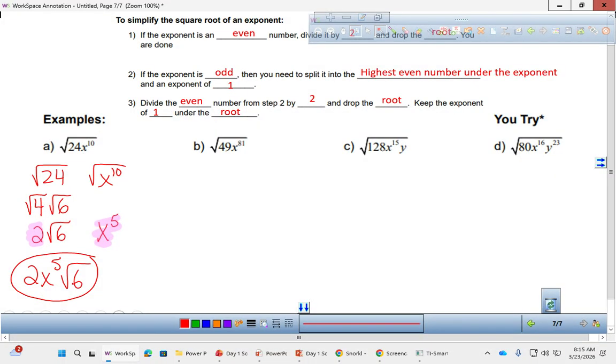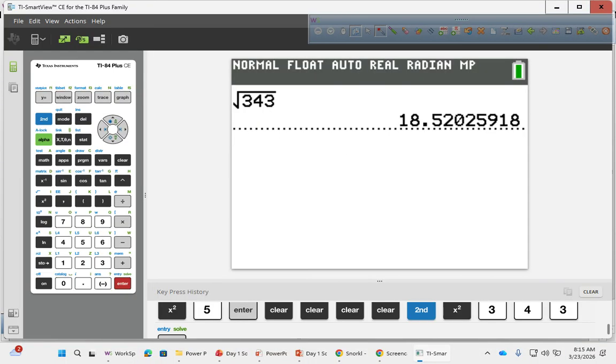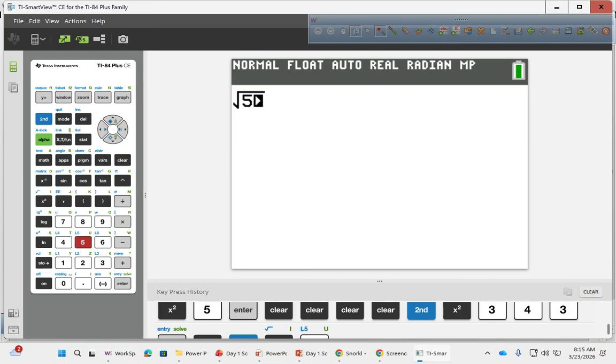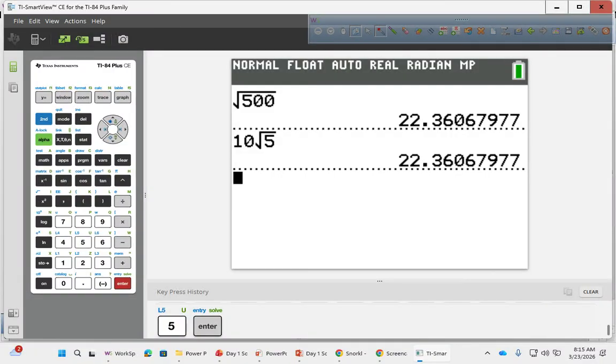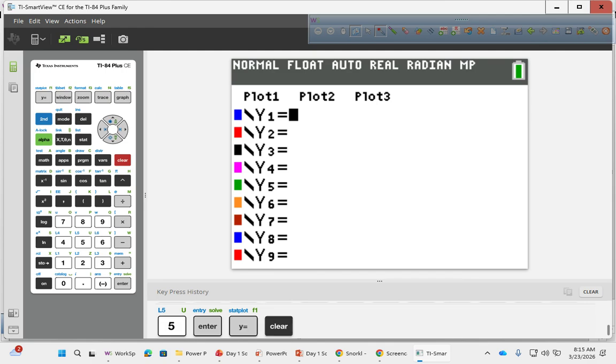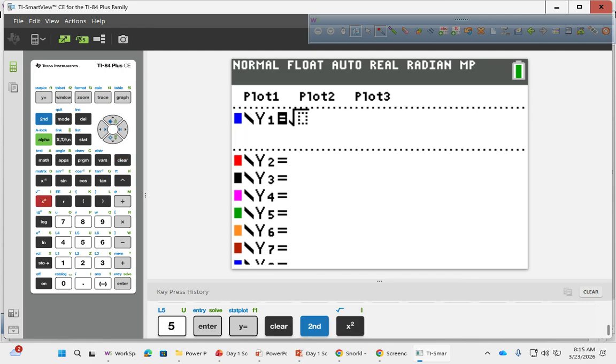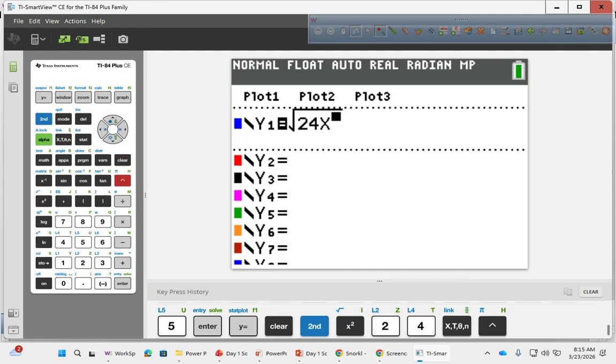All right, test taking strategy. Because it has a variable in it, I can't check my answer in the home screen like I showed you before. Like when I wanted to check the square root of 500, I could do 10 root 5 and check it. You can't do that with this one. You have to check it in the y equals screen, okay? So in the y equals screen, in y1, you can put the original problem.